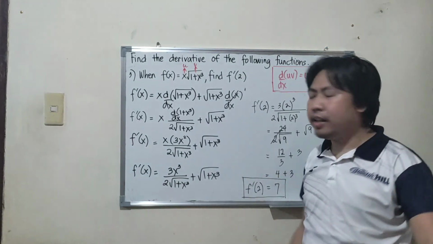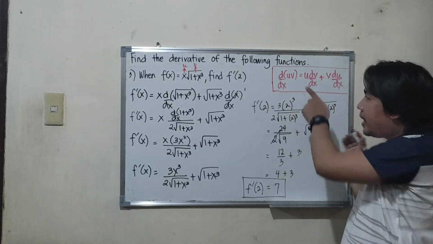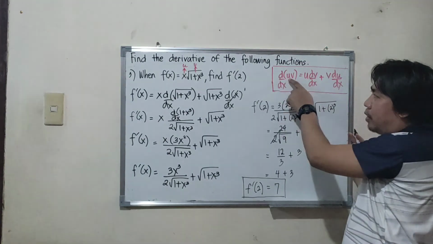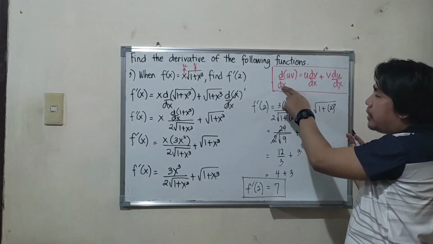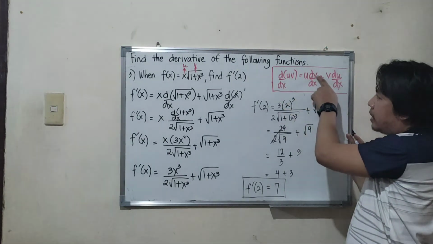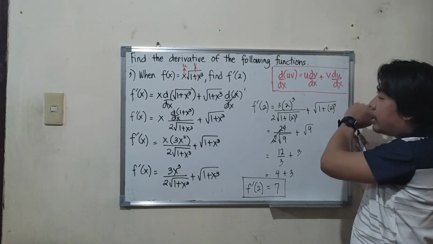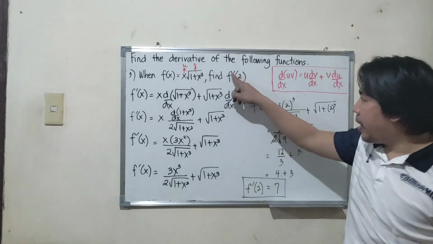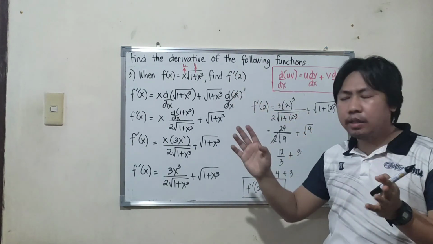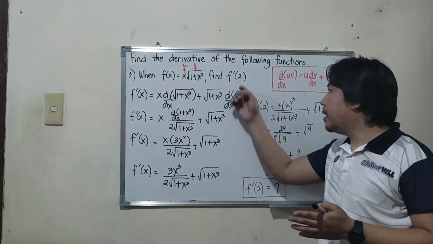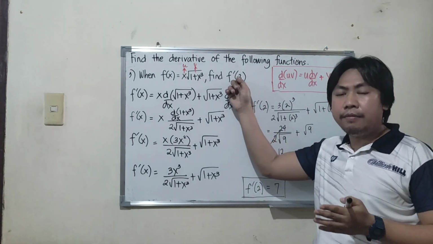Okay? So that's all. So again, ang formula for product rule is derivative of u times v with respect to x is equal to u times derivative of v with respect to x plus v times derivative of u with respect to x. So if we have f prime of 2 or any constant, all we have to do is find the derivative, and then after finding the derivative, substitute the given number.